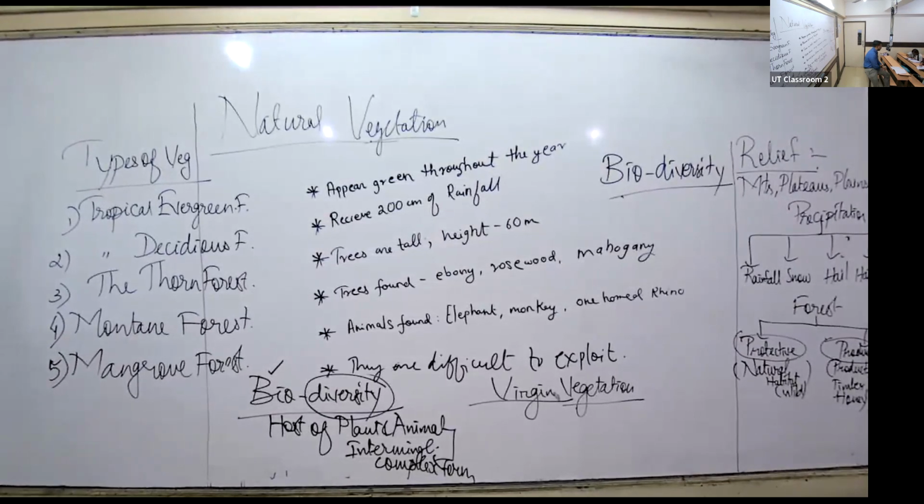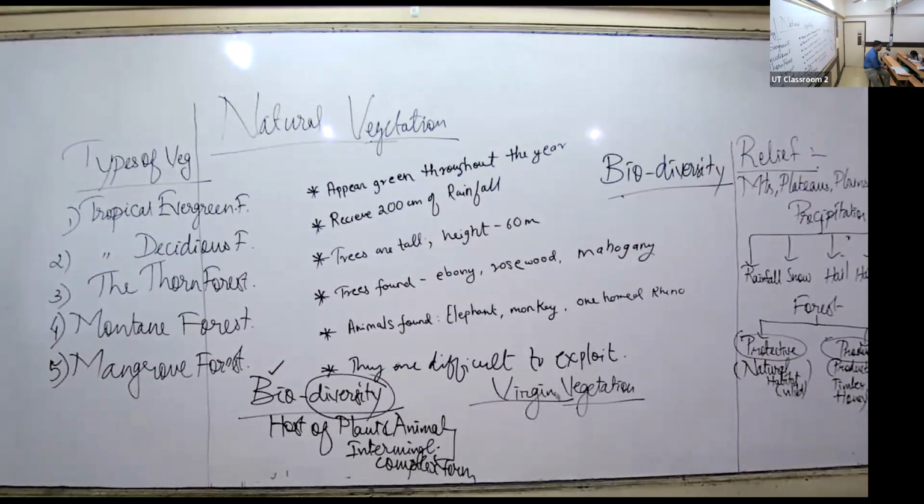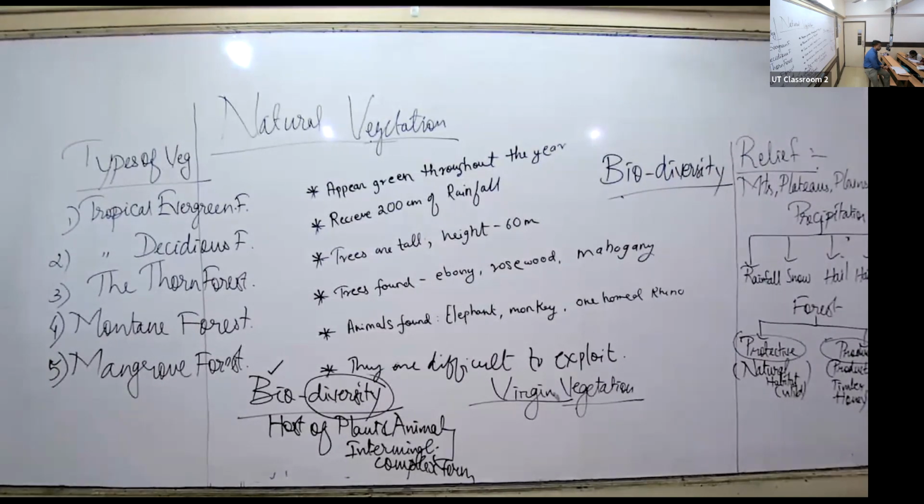But the vegetation and the forest have a direct link to the quantity and distribution of rainfall.